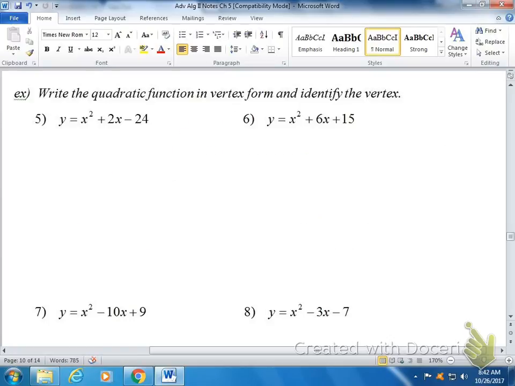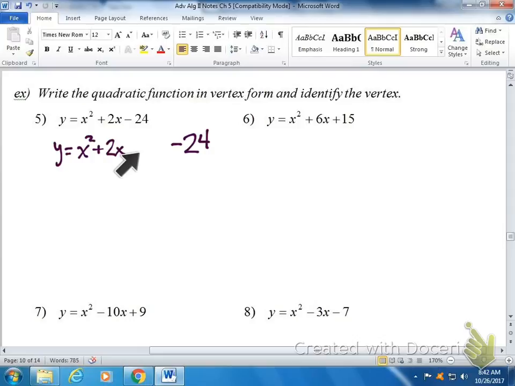So like on the previous page, we're going to have to figure out what's going to complete this square if I want to get it in vertex form. But what I need you to do is put a little space between the quadratic term, the linear term, the x squared term, the x term, and then the constant term needs to be a little bit further away because we want to put some room in here for the c value.